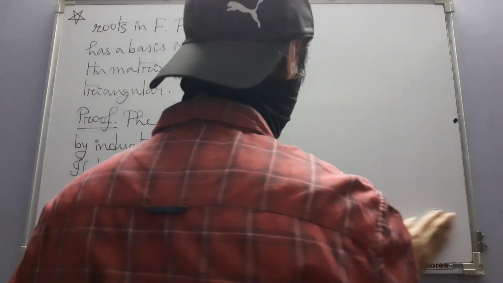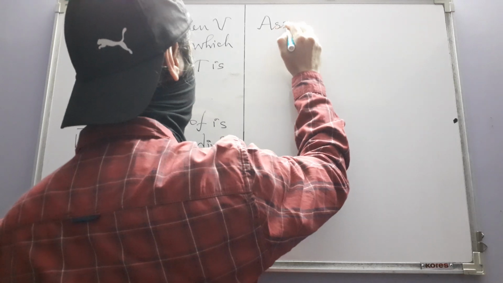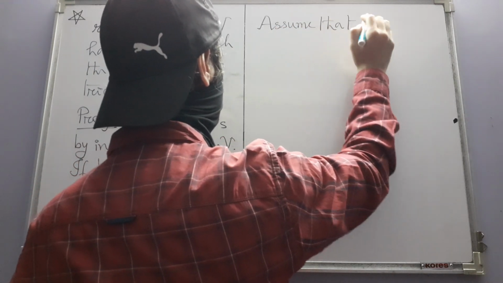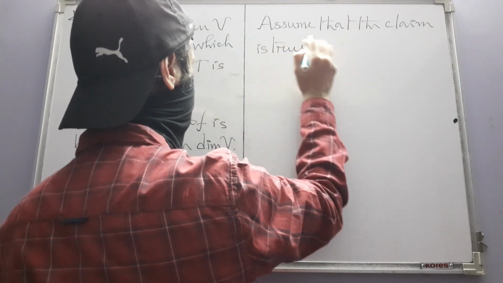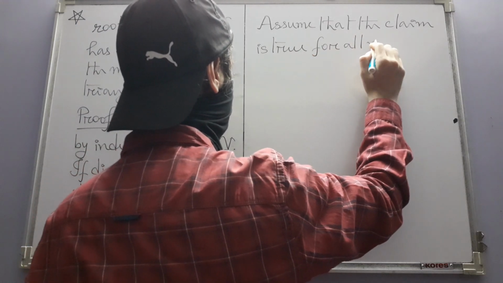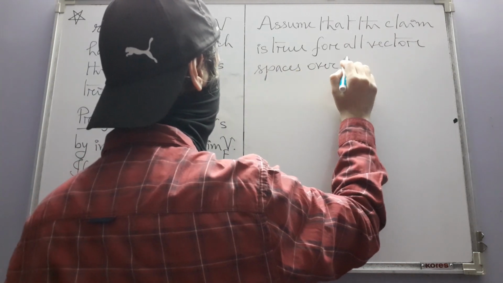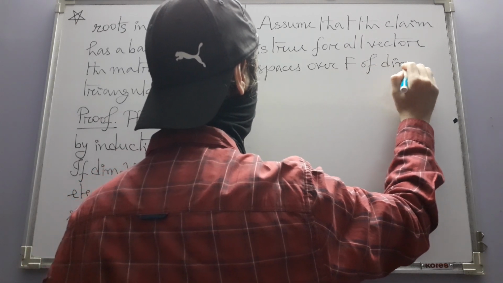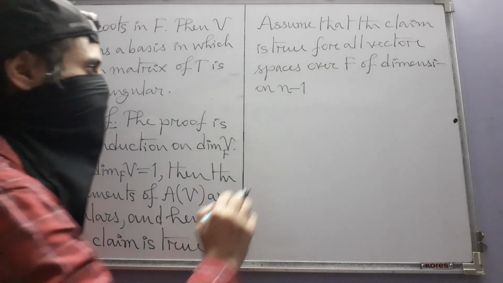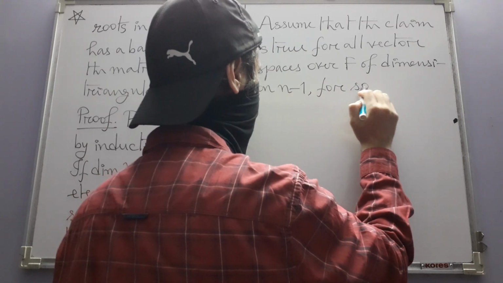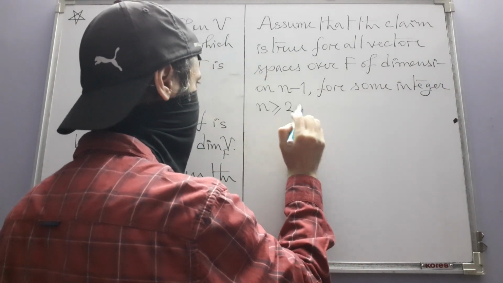The next is the induction hypothesis. Assume that the claim is true for all vector spaces over F of dimension n minus 1, for some arbitrary but fixed integer n greater than or equal to 2.